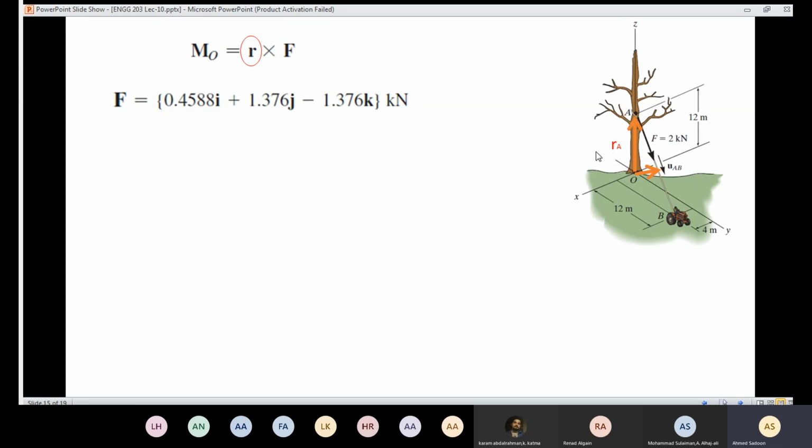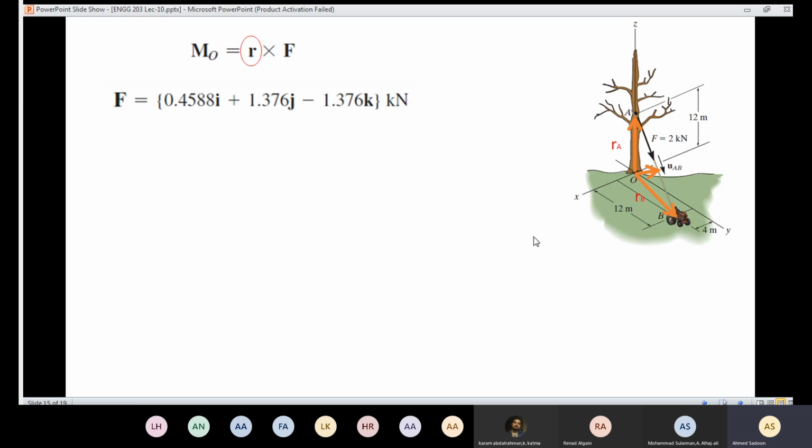You are going to say that my position vector starts from O to point A. That satisfies the condition because the distance is directed from O and that point lies on the line of action. Or you could say that I want to use RB.